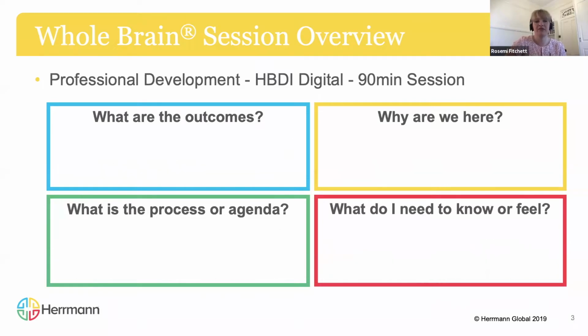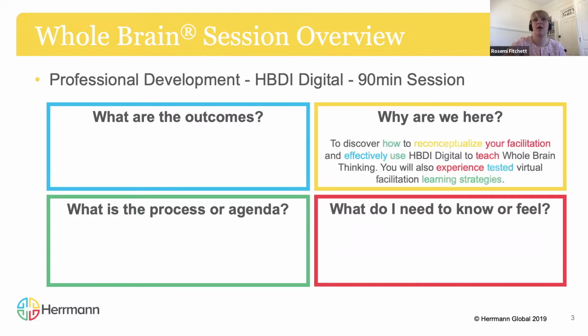And of course, if I was facilitating you virtually and you were just getting to know whole brain thinking in the HBDI, you would then be thinking about how our outcomes actually target the 4 quadrants of the whole brain model.